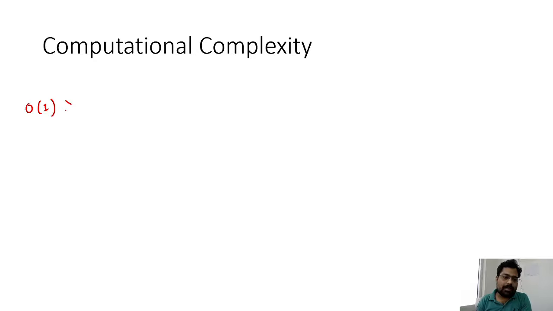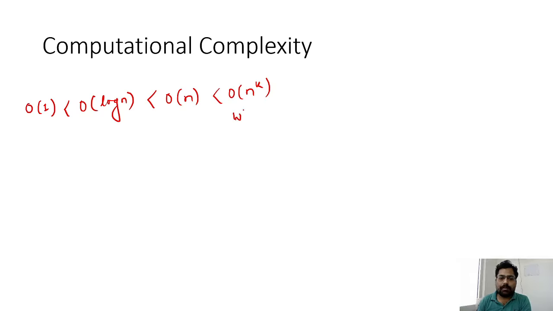So constant is less than big O of log n. We already have videos on this; those who are new, kindly watch the previous videos. Next, to make it simpler for you to understand, here is big O of n to the power k, where k is greater than 1.